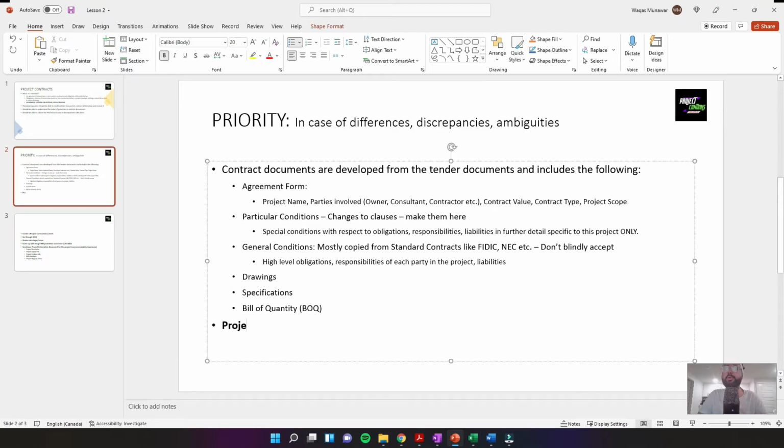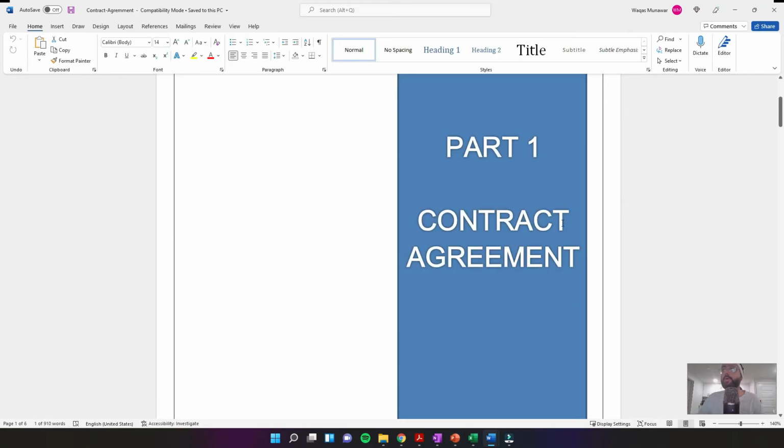I'm going to show you the project contract information document. Once you read the contract, it is really important to build a project contract information document. So let me just pull that up. We are looking at the contract document right now.